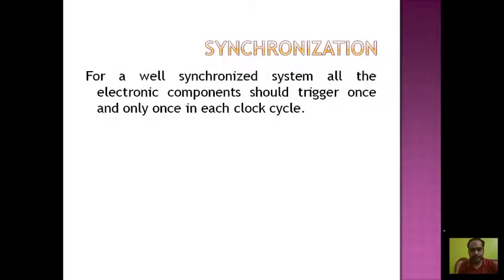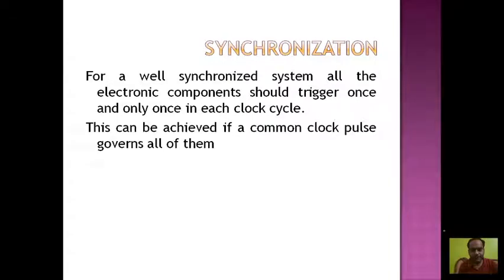As you know, synchronization demands that all the components present in the system trigger simultaneously and just once in a clock cycle. This can happen only if a common clock pulse is being fed to all of them.